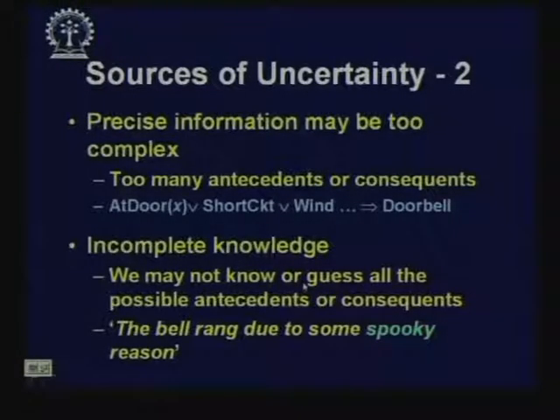We may not know or guess all the possible antecedents or consequences. Maybe I thought that the doorbell rings besides somebody being at the door, due to short circuit or wind or an animal, but there can be some other reason. The bell rang due to some spooky reason. I do not know what, but something.